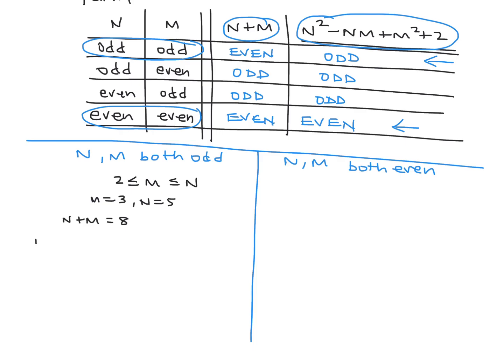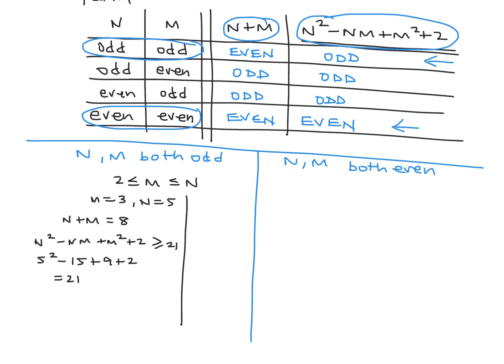And then that n squared minus nm plus m squared plus 2, that is going to be, let's see here. Well, what is n? n is 5. So 5 squared minus 3 times 5, 15, plus 9 plus 2. That's 25 minus 15, 10, plus 11, so that's going to be 21. So the smallest it could ever be is 21. So it's got to be greater than or equal to 21.